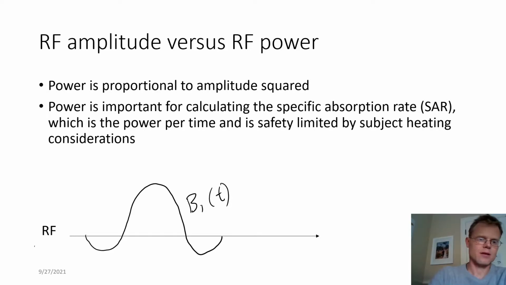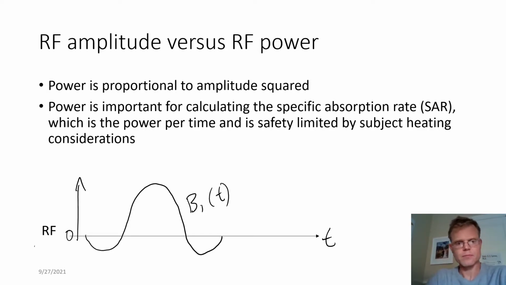It has some amplitude here, and it goes along for some period of time. The amplitude here will be in units of Tesla, or maybe microTesla, and time in milliseconds.